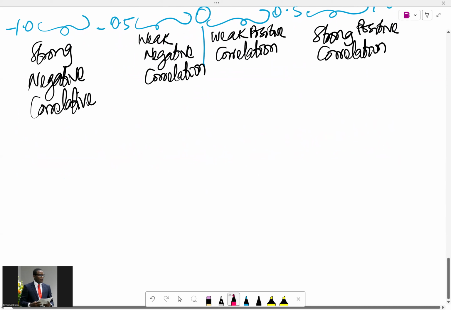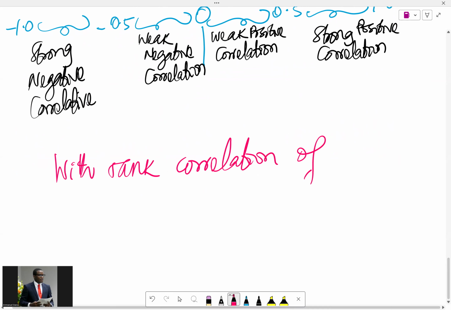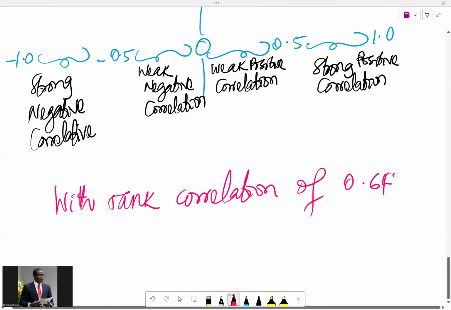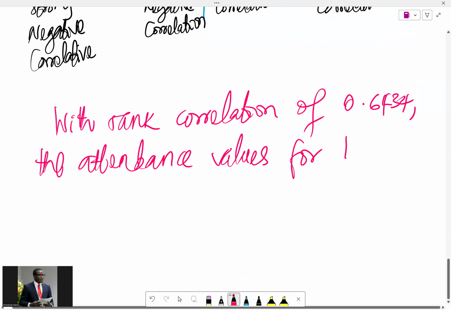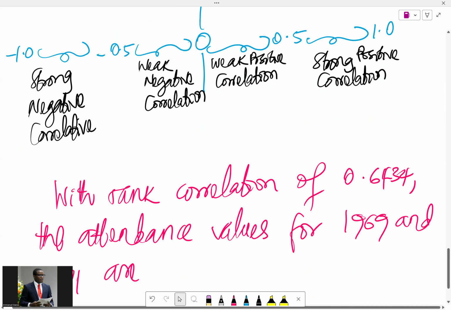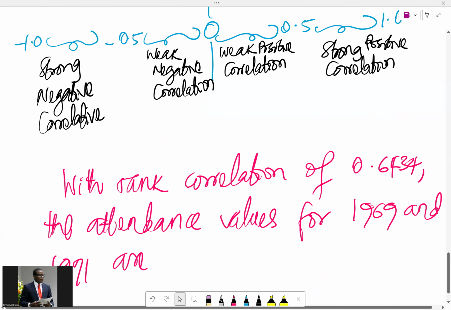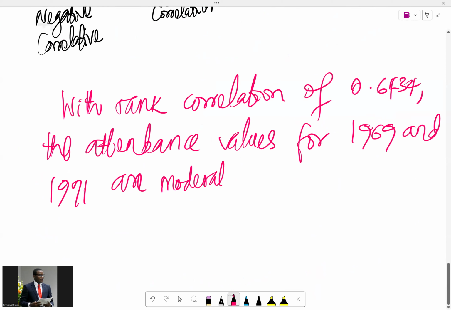So with Spearman rank correlation of 0.6434, the attendance values for 1969 and 1971 are moderately positively correlated.